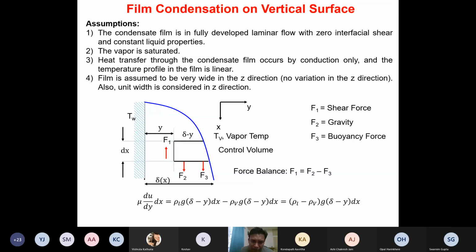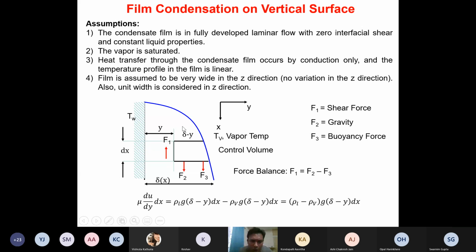So let us consider this particular shell. Okay, so this particular box is the shell.